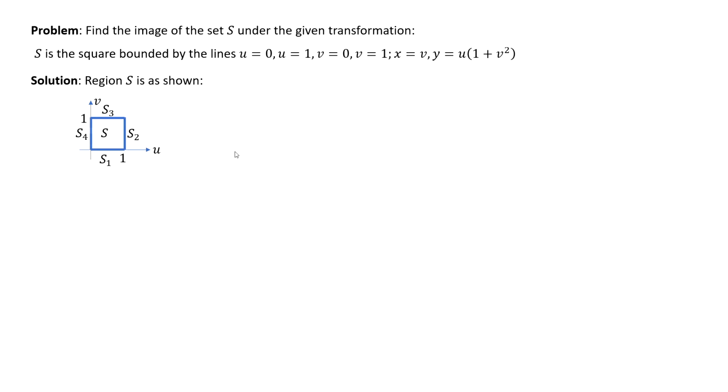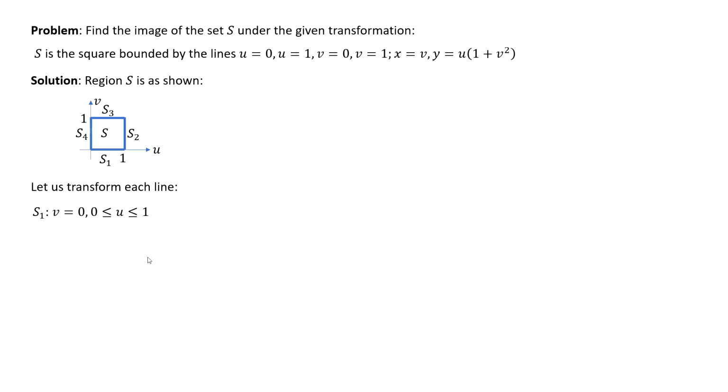For that, let's proceed in a systematic way. Notice how I called these segments S1, S2, S3, S4. The way we'll do this is, we'll ask ourselves, what does segment S1 transform to? What does segment S2 transform to? And so on. Cool. So let's transform each line.